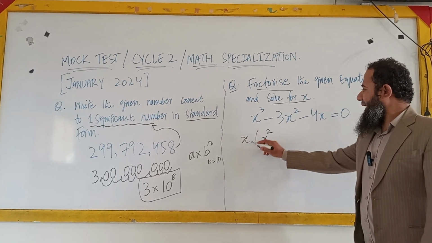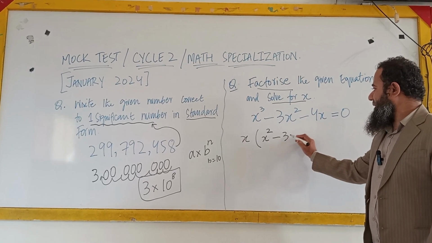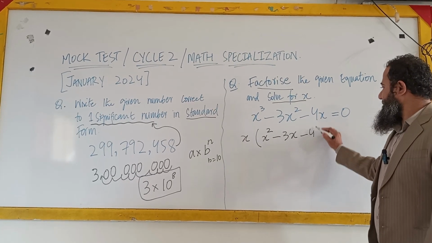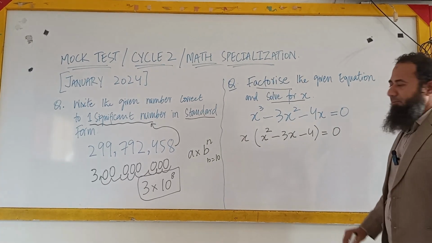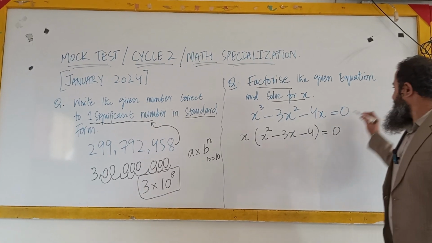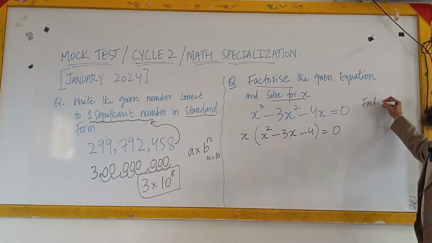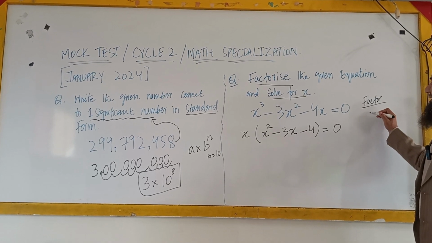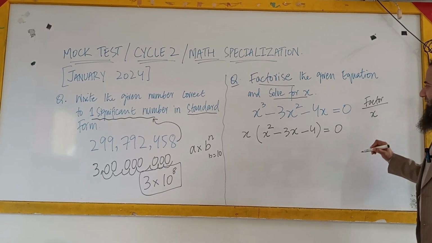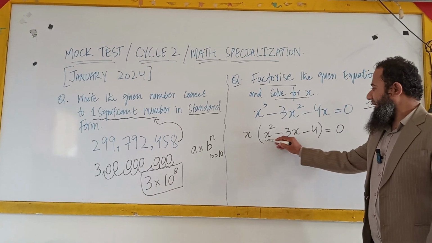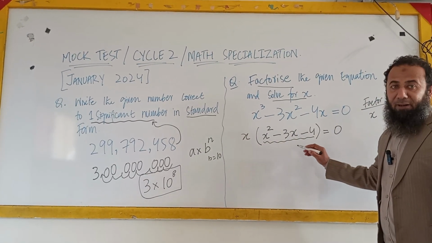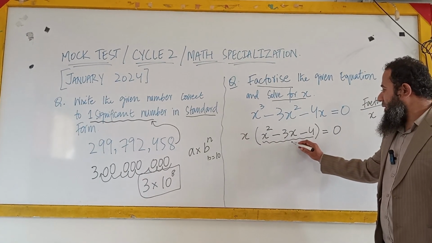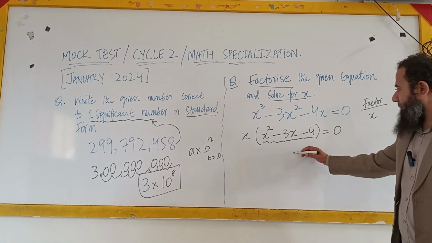Once you take x common, the remaining terms are x square minus 3x minus 4, and this is equal to 0. The first factor of this equation is x, and the other factors can be figured out by using a concept called middle term breaking.